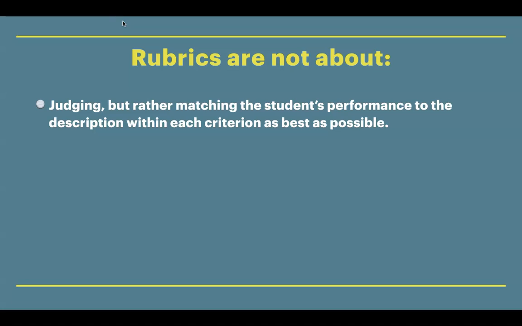If it's writing a report, giving a presentation, turning in a project of some type, creating a video, whatever the project itself is, we want every one of those descriptions to be as clear and full as possible in order for us to match their presentation, their performance, with the criterion.